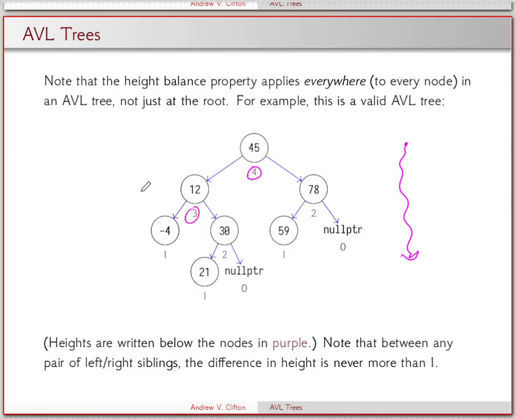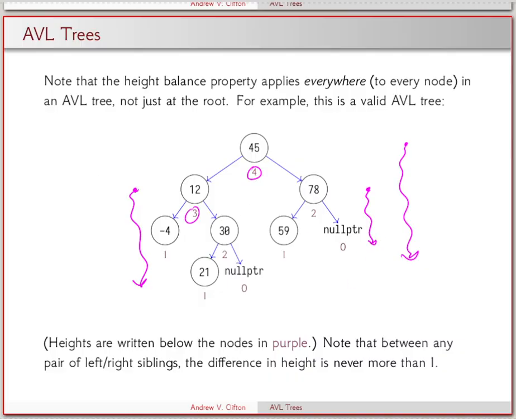So the height starting here at 12 and going down is 3. 1, 2, 3. Or if you start here, the height of this subtree at 78 is just 2. 1, 2. We're actually going to store that information inside of the nodes so that we always have easy access to what the height at anything is.